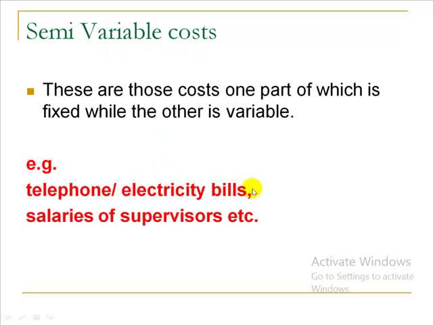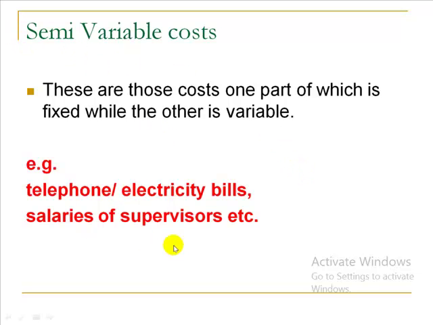Because in the electricity bill, suppose 500 is constant and fixed, we must pay it, and as we consume more units of electricity, we pay 500 plus the additional units which we have consumed. That cost, of which one portion is fixed whereas the other is variable, is called semi-variable cost.